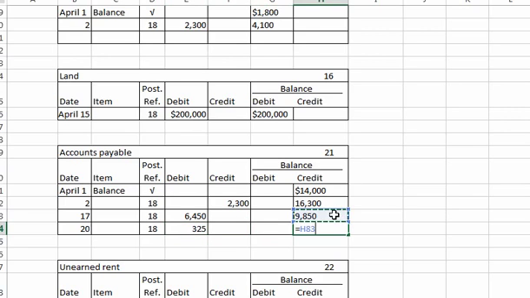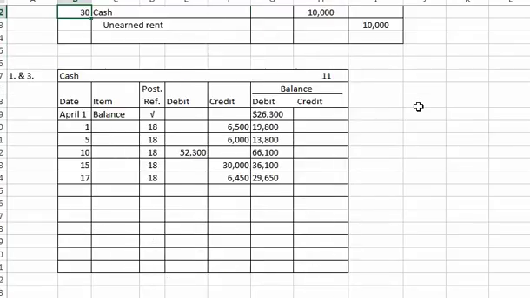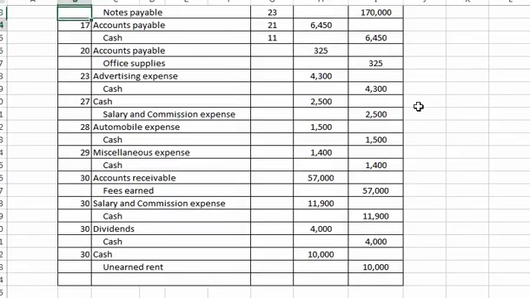So we'll say our credit balance $9,850 minus our debit entry for $325, and that leaves us with an ending credit balance in accounts payable of $9,525. That was account number 21 for accounts payable. So we come back up in the posting reference column of the journal. We enter 21, the account number for accounts payable, the one it was posted to in the ledger.